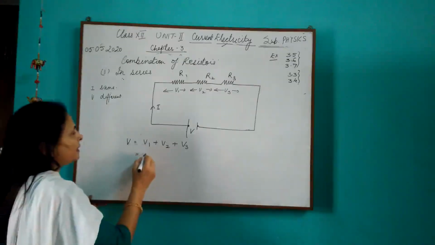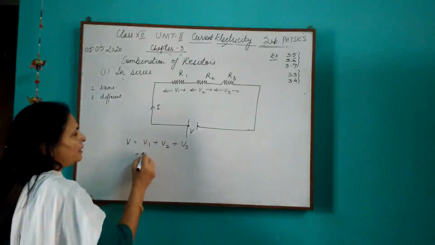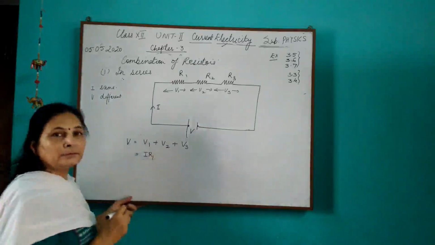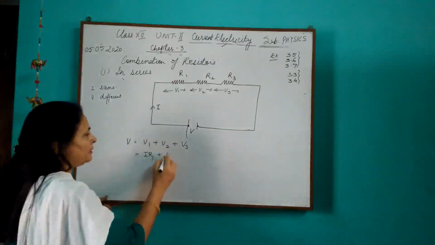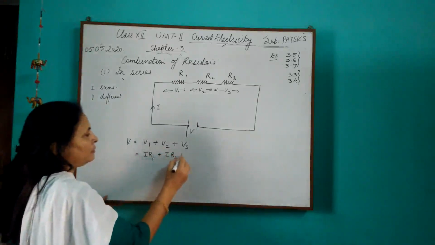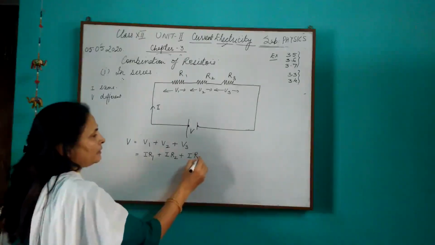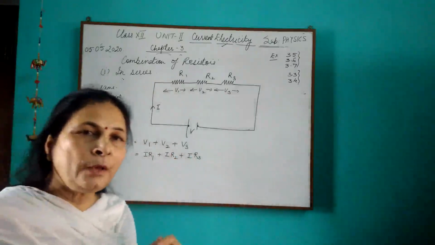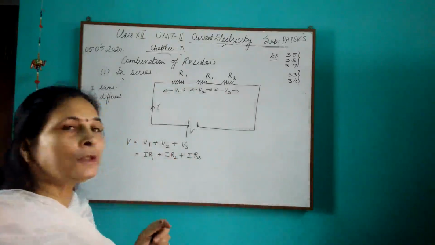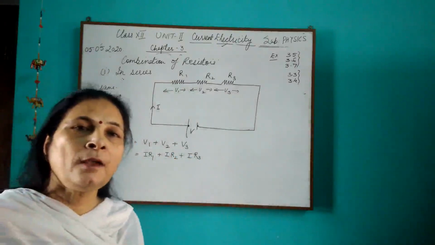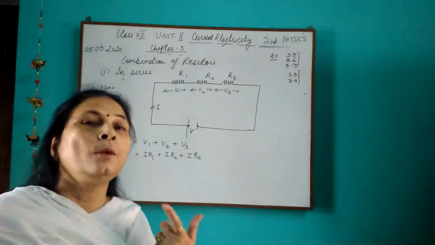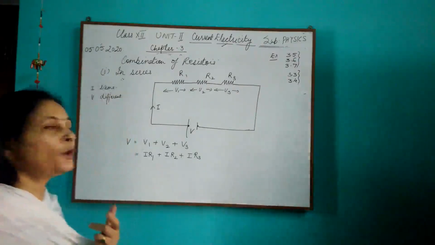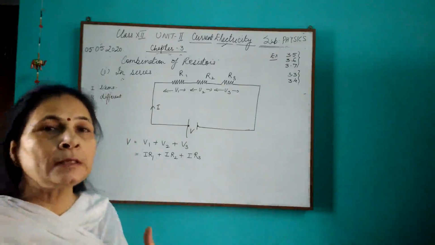So this can be written as I R1 plus I R2 plus I R3. Now what do we want? We want that instead of these 3 resistors, if I want to use only one resistor, what shall be its value?